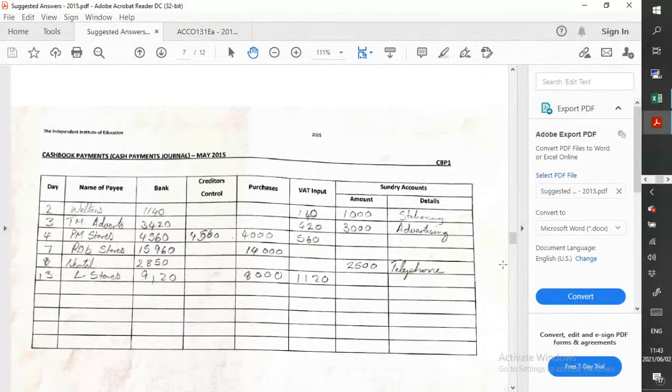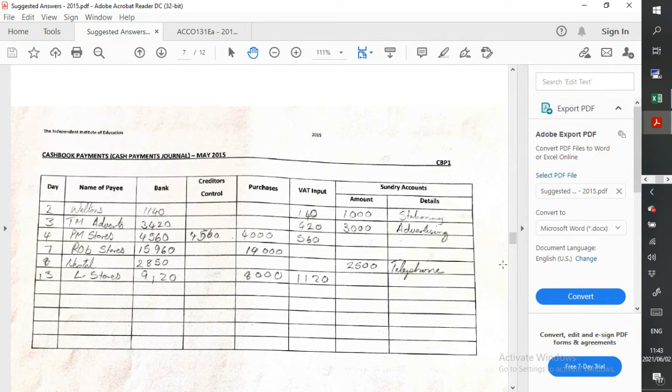So the next thing that they wanted us to do was the cash payments journal. Likewise, there we simply go to wherever we wrote CPJ. First transaction happened on the 2nd. We were purchasing printing paper, in other words, stationery, for 1,140.